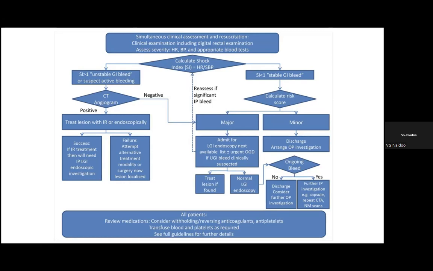Chioma Francisca asks, any role for barium enema? There's no role for barium enema in an acute lower GI bleed for a patient who is unstable.